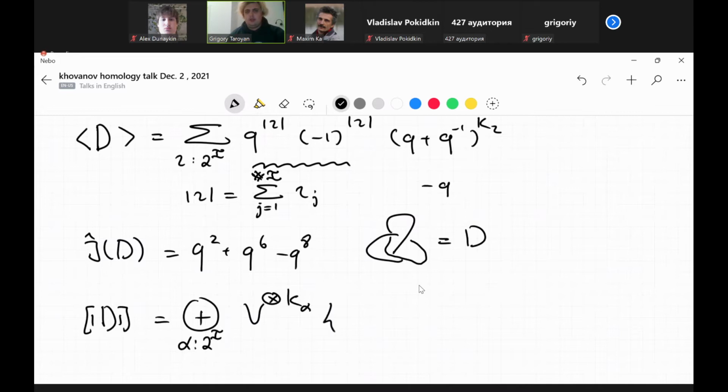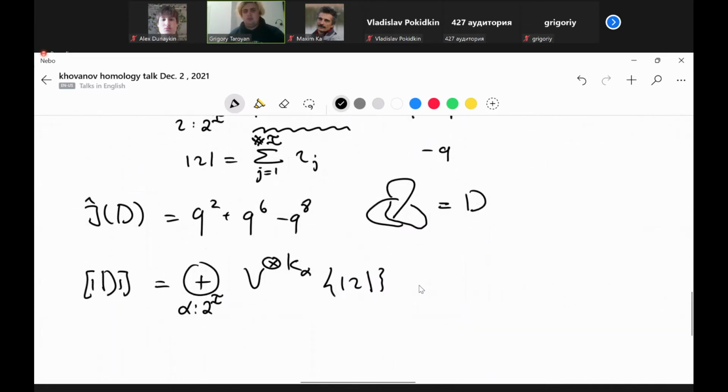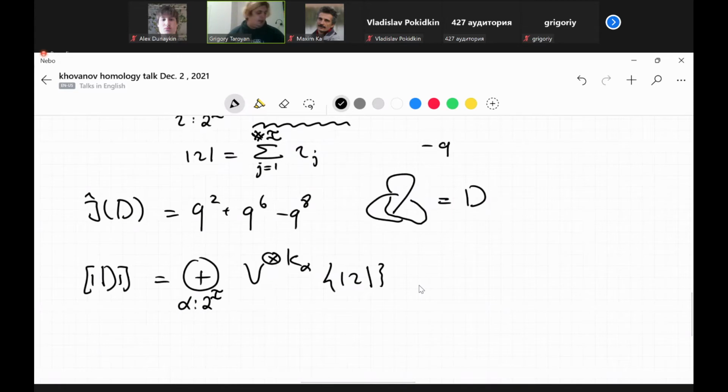Actually, I think we should shift it here by order I or something like that, but I will explain it later. So I'm just introducing the setting. And now I can do everything rigorously from now on.